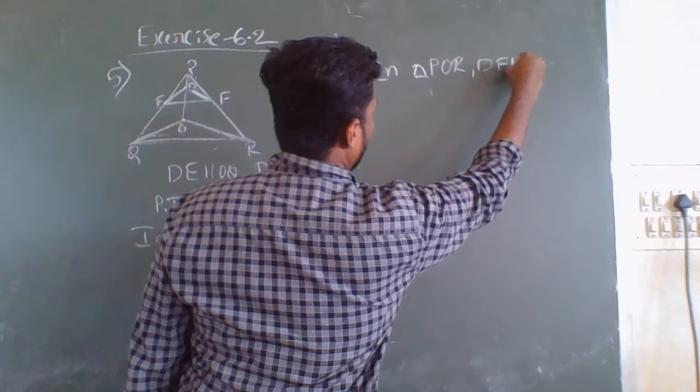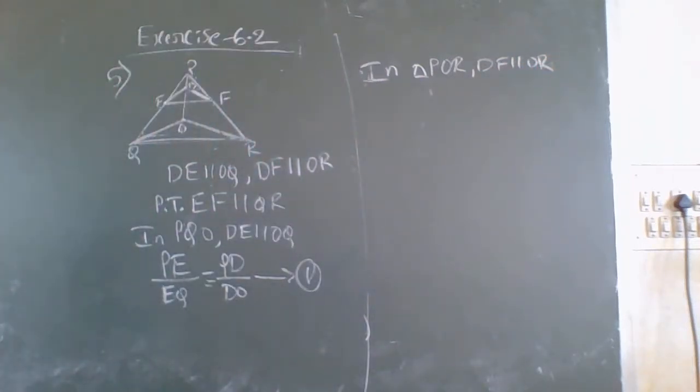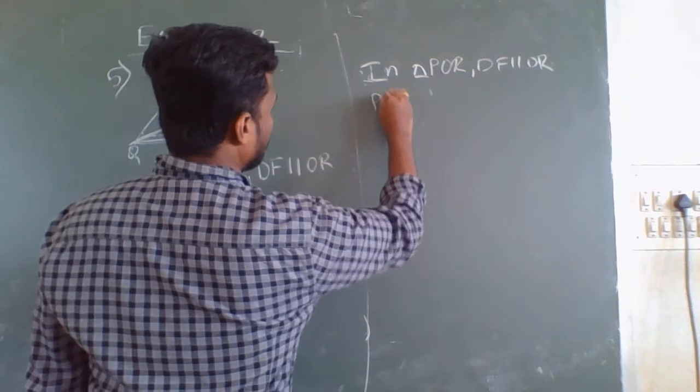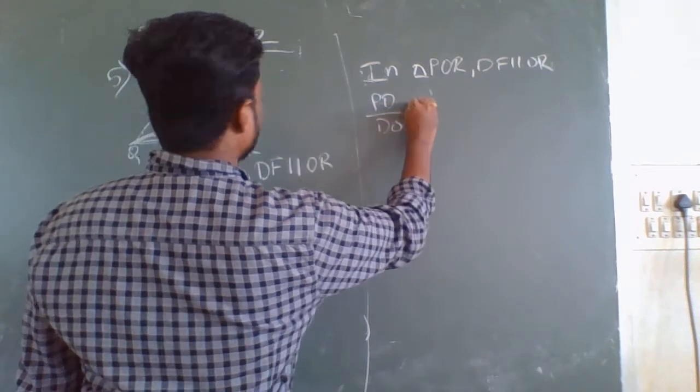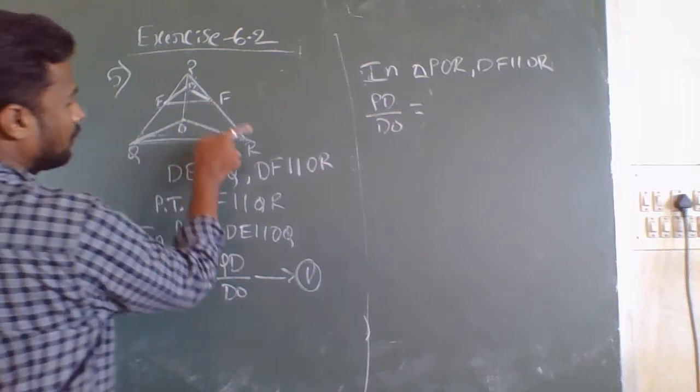Therefore, by the proportionality theorem, by using the first theorem, PD by DO is equal to PF by FR.